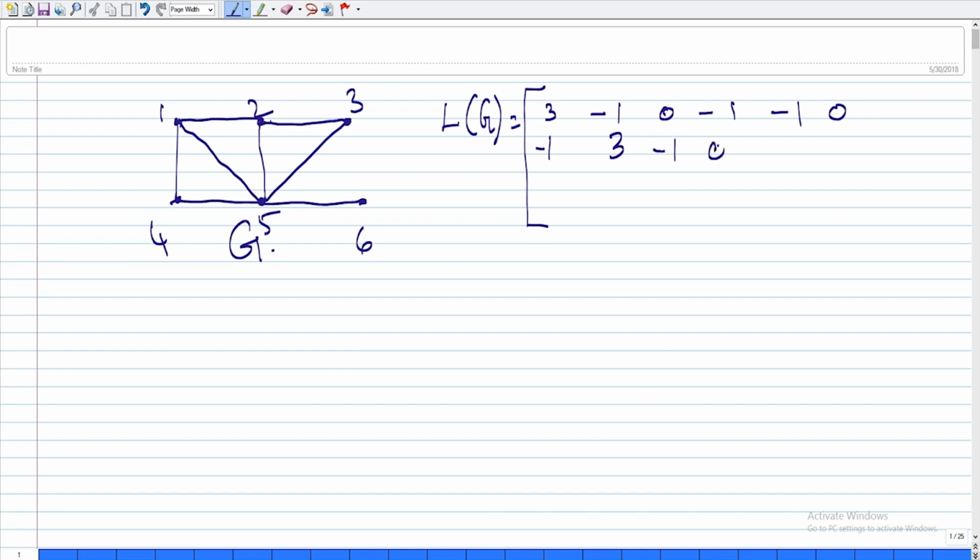-1, 0, -1, 0. And what about 3? We can easily see that it is going to be symmetric, so we can just fill it up quickly with this second row.